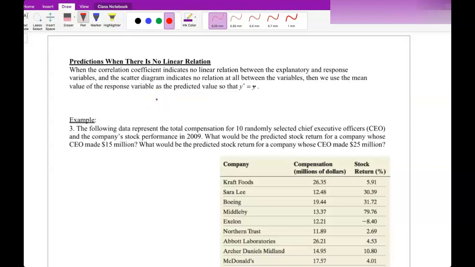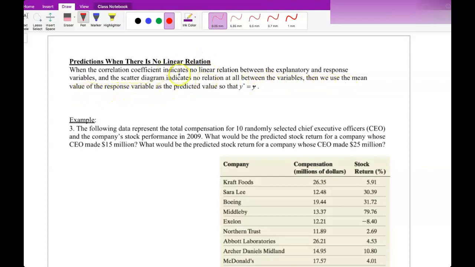If that one was greater than the critical value, then we can say we do have a linear relation. If not, there is no linear relation. And so when the correlation coefficient indicates no linear relation between the explanatory and response variables, the scatter diagram indicates no relation at all between the variables, then we use the mean value of the response variable.